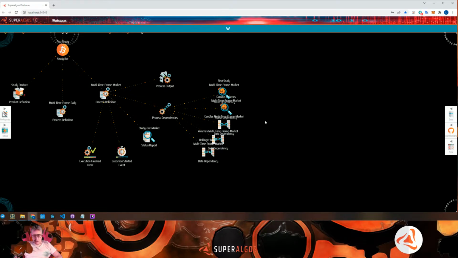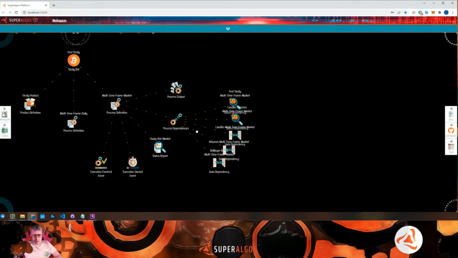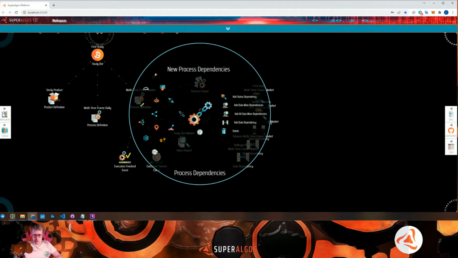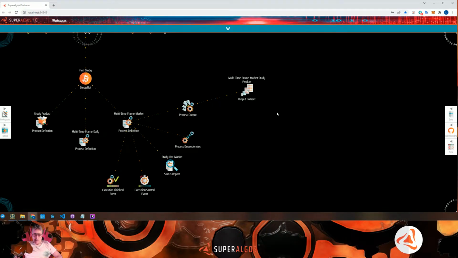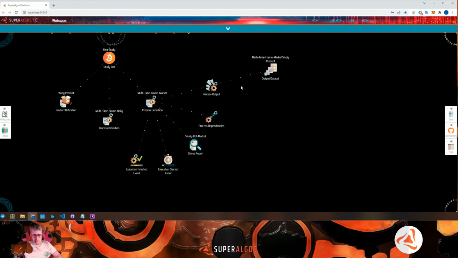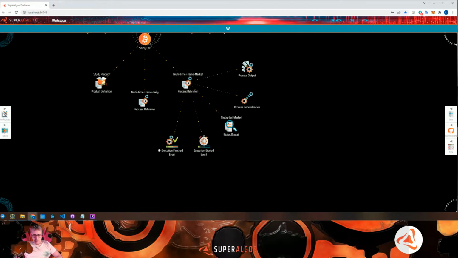All the things that you already know how to configure for an indicator bot, you have to do here the same. Okay, the same for process output. You reference here the data set that is going to be created.